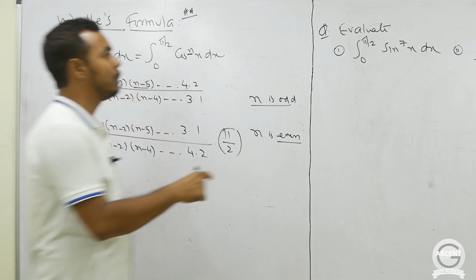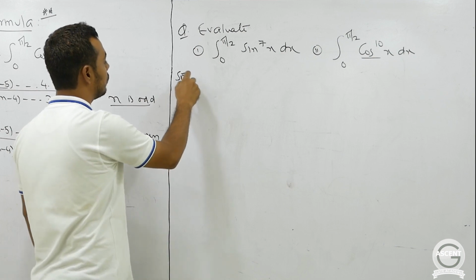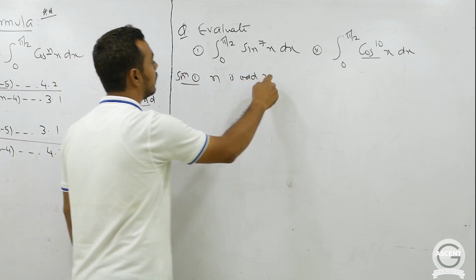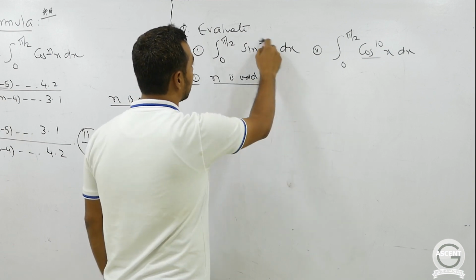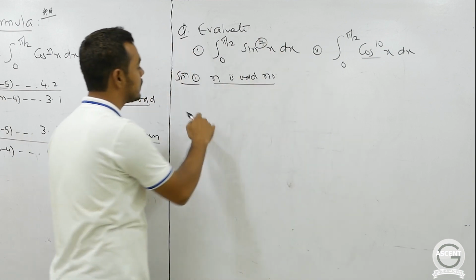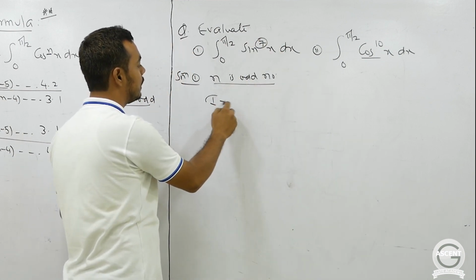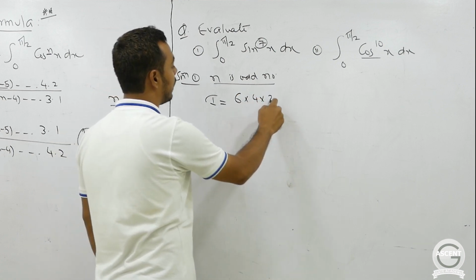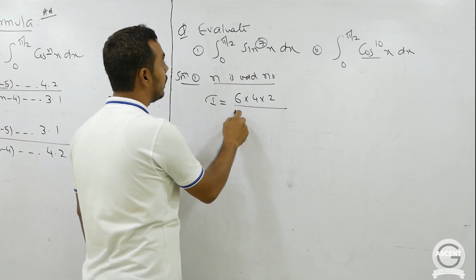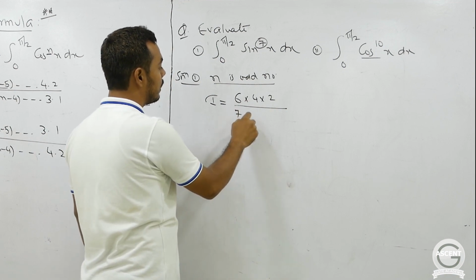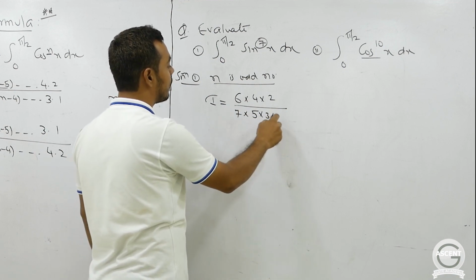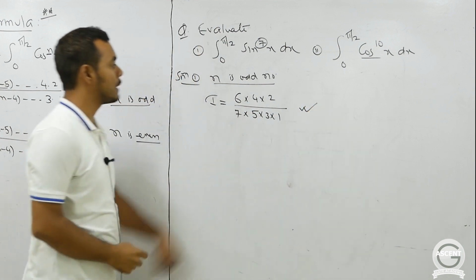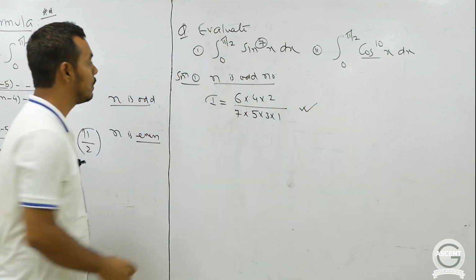Now we can attempt these two problems. For the first one, n is an odd number, n is 7. So here we have to use the first formula. The value of this integral using that formula will be 7 minus 1, keep on subtracting 2, in the denominator 7, and then keep on subtracting 2. Since n is an odd number, this will be the value of the integral.